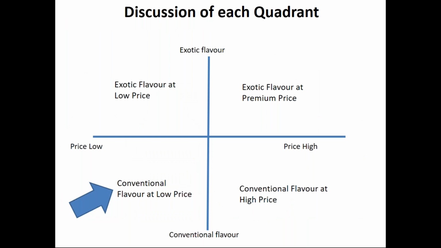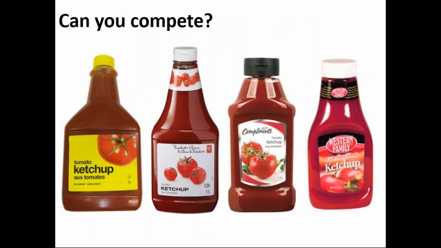Okay, next one we can look at is conventional flavor at a low price. A conventional product would be cheap to produce. We wouldn't necessarily want to sell it at a low price, because the margins aren't going to be there, but maybe there's volume to be had. Again, the challenge is that this space is also owned by someone else.